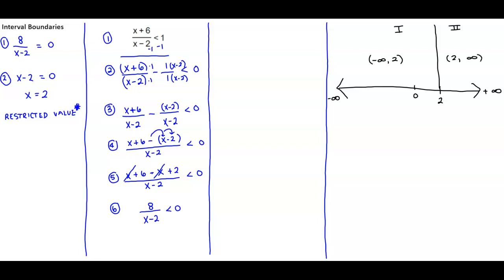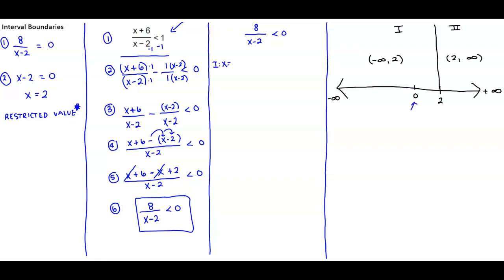Okay, so now let's use our testing points. Before we do, we're going to use the inequality down here in step number 6 to do the testing. Now you can use the original one over here, but then you have to compare it to 1. So for interval number 1, we're going to pick the testing point 0.